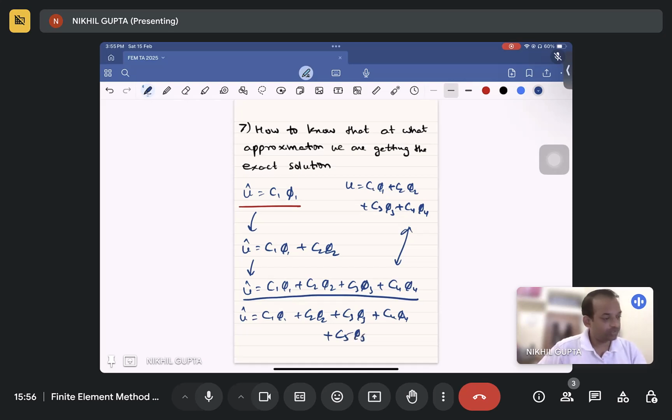What you will observe is that when you cross this limit, which is the exact solution, you will get the extra term constant as 0. Since your extra term constant is 0, this means you have reached the correct solution, and this is the correct approximation. You don't have to go into more terms again.